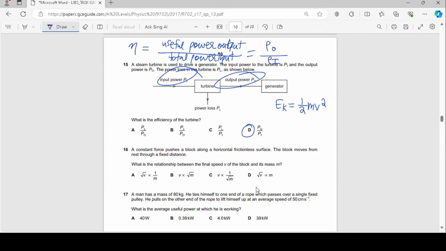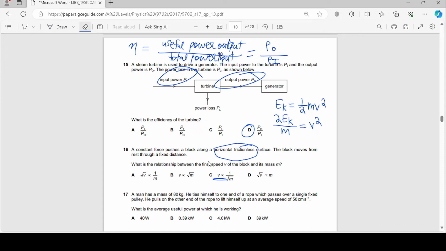Final speed v. Okay. So we can rearrange this to have velocity as the subject. So 2Ek by m equals v squared. But then they said it's a horizontal frictionless surface.